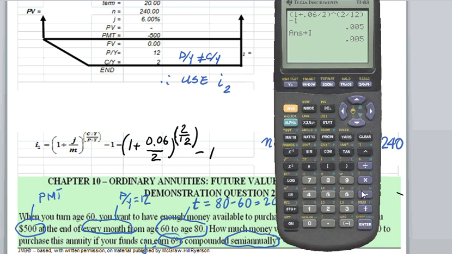If I want to see that in percentages, times 100, that's 0.494 percent. I can add some extra decimal places, but that's sufficient for us.